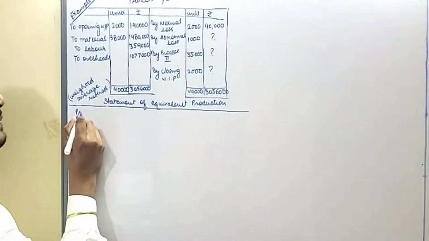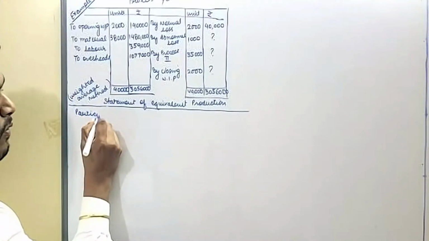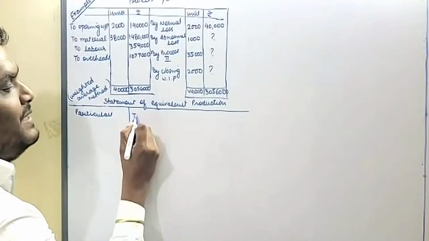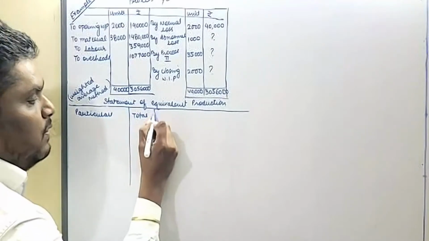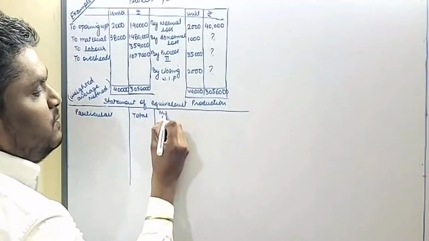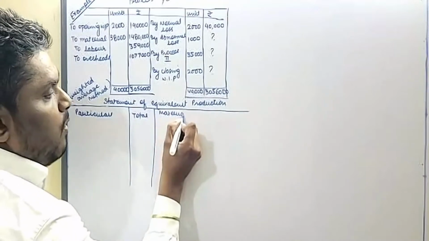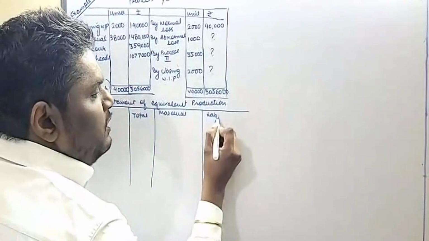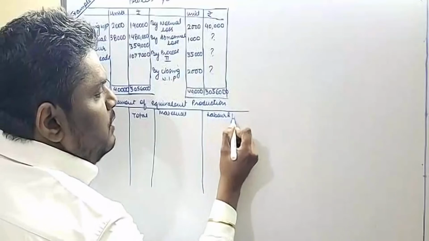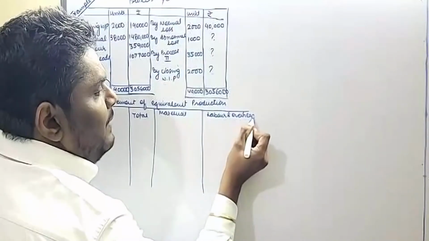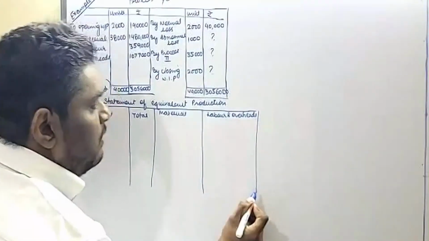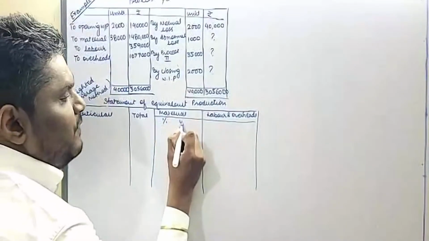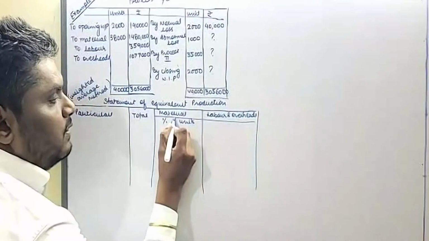So the first column is particulars. Second is the total. Next is material. Since the percentage of completion of labor and overheads is the same, a single column is used for all the labor and overheads. Further, the percentage of completion and units.